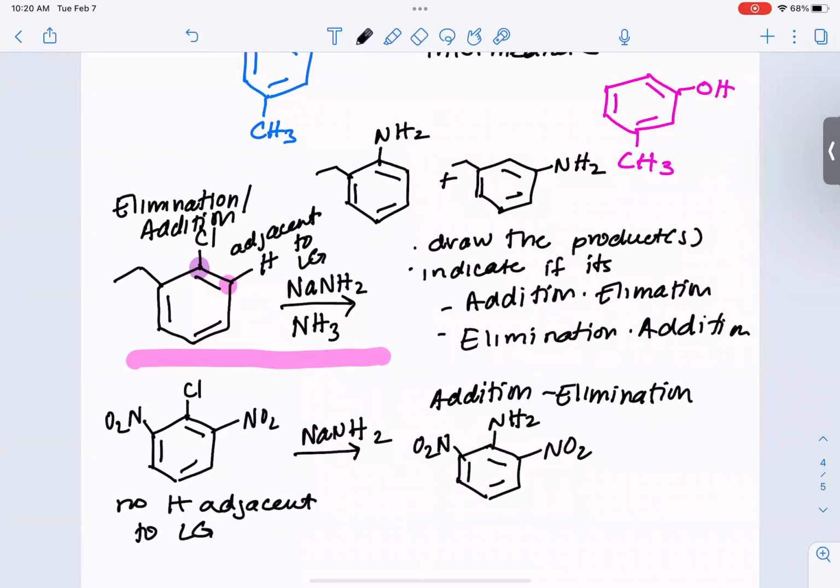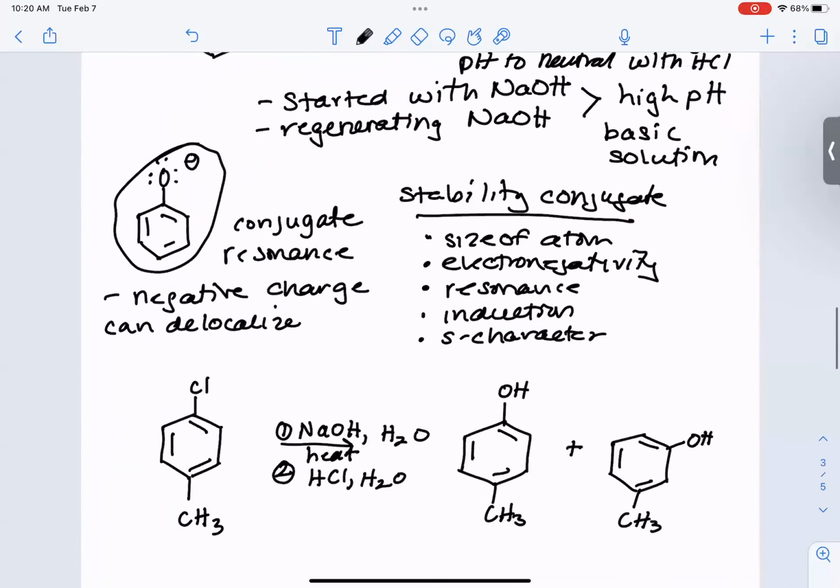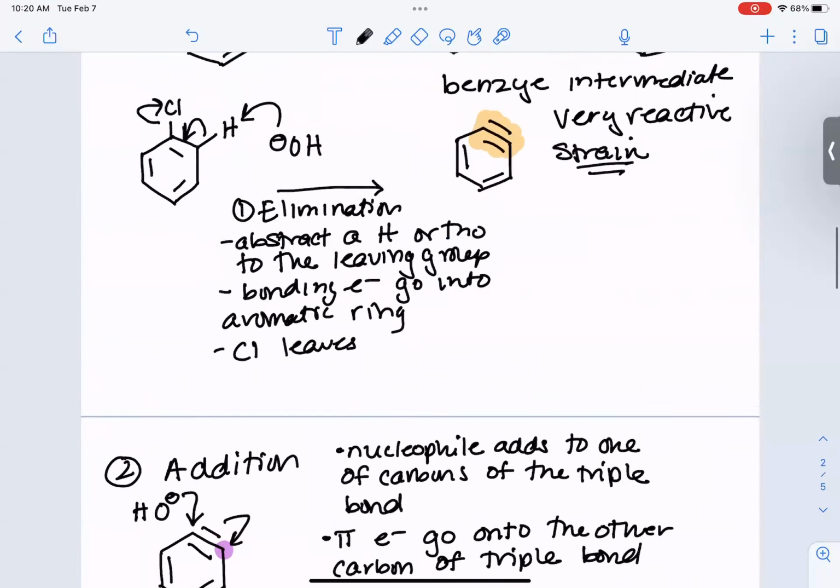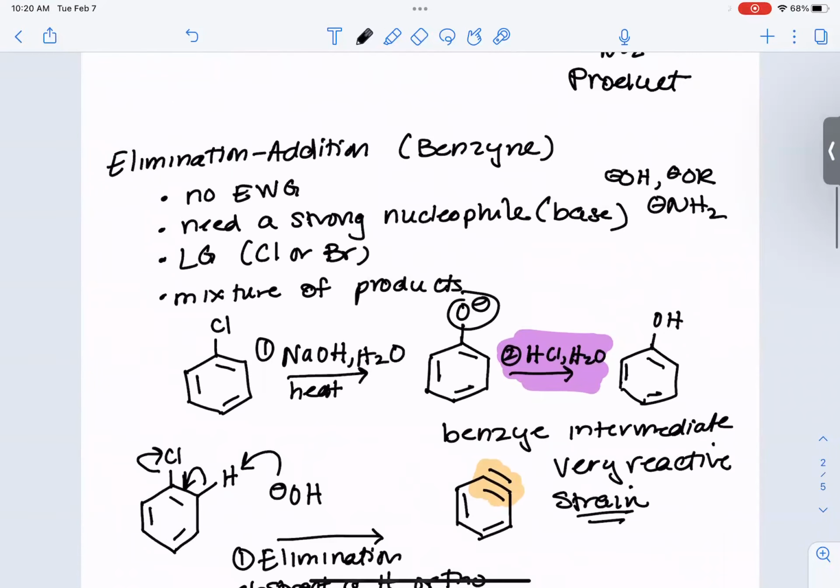That's your first thing that you can look at. So I just want to add that to our list because I made lists. So here you have to have a hydrogen adjacent to the leaving group.